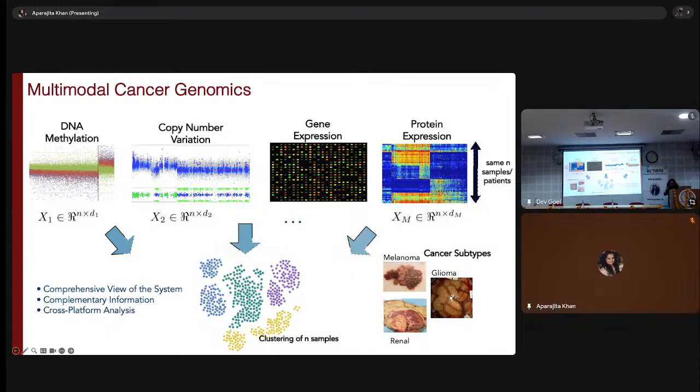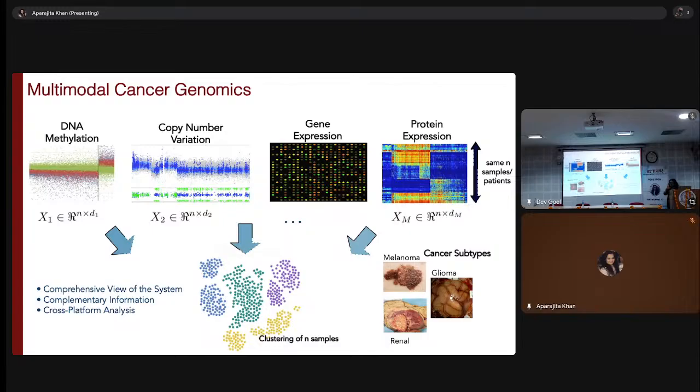And then once you integrate them, you can try to find out the common or consistent dysregulations across the different genomic levels, and you can find the therapy that targets that. That will be a more holistic therapy compared to just looking at the protein expression and suggesting a drug, and based on the gene expression suggesting another drug, based on the changes in some microRNA expression suggesting another drug.